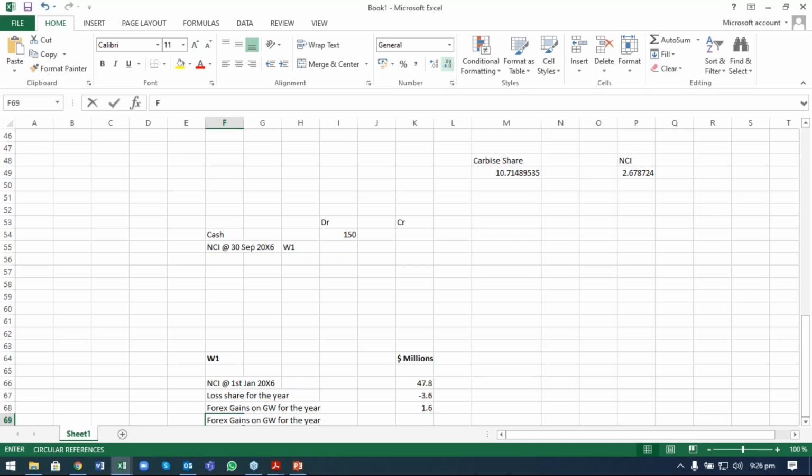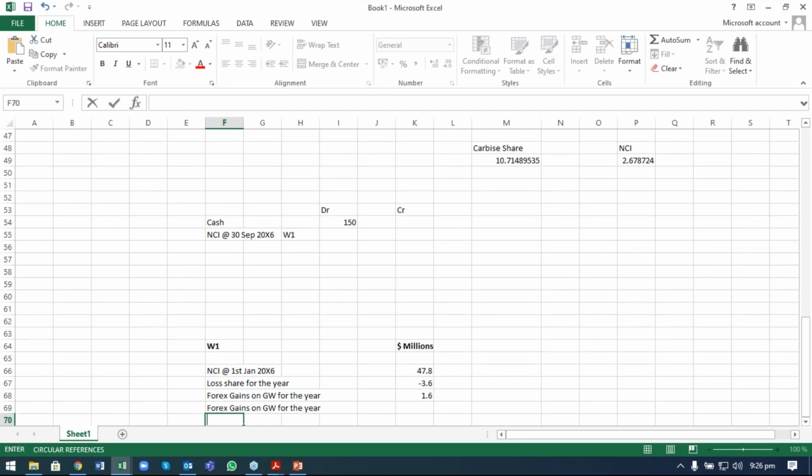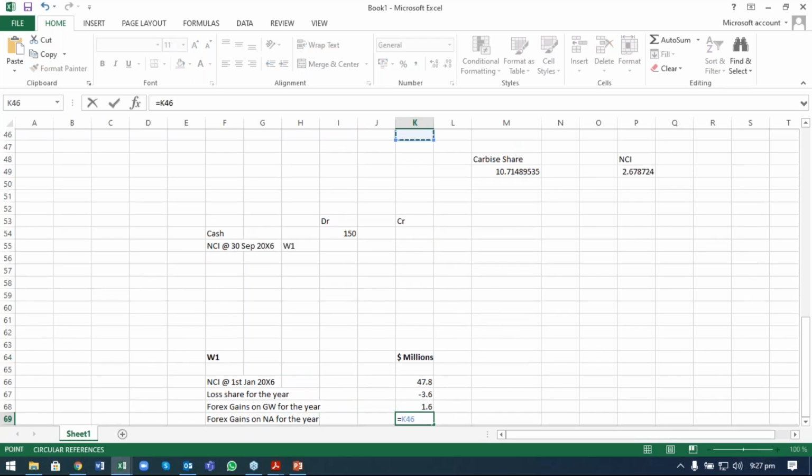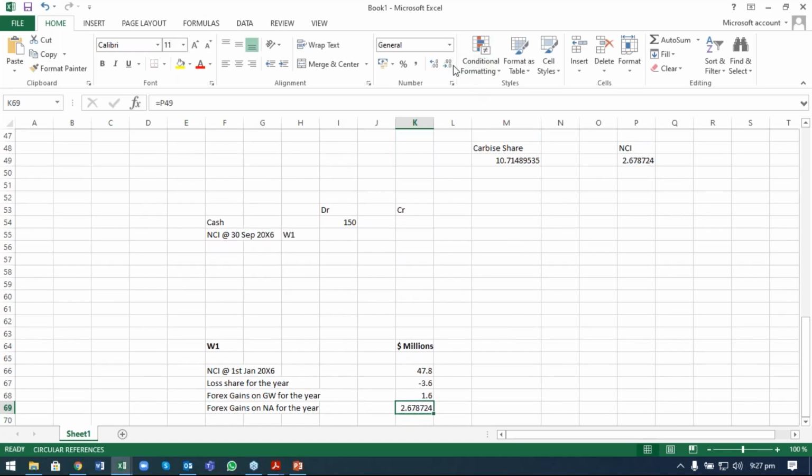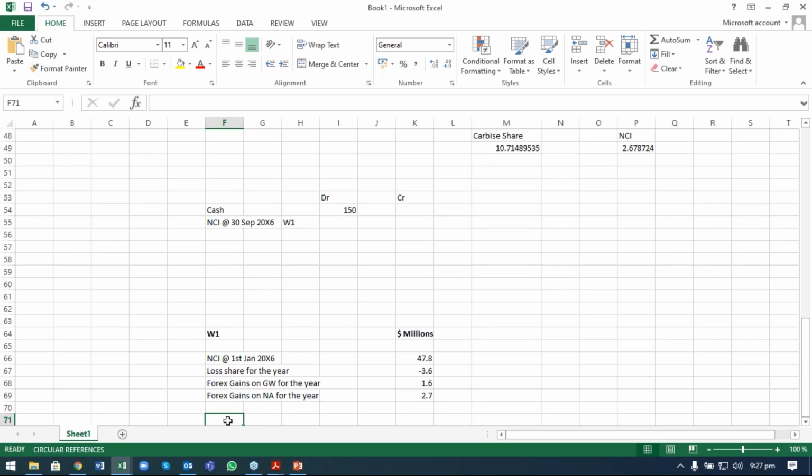Along with this, you have to calculate forex gains and losses on net assets for the year, right? That's something we have already calculated, and I've shown you that if there is a foreign subsidiary, this is an additional working that you need to perform, and we have already calculated this NCI share along with the working. So I'm going to round this one. What would be the NCI at the disposal date?